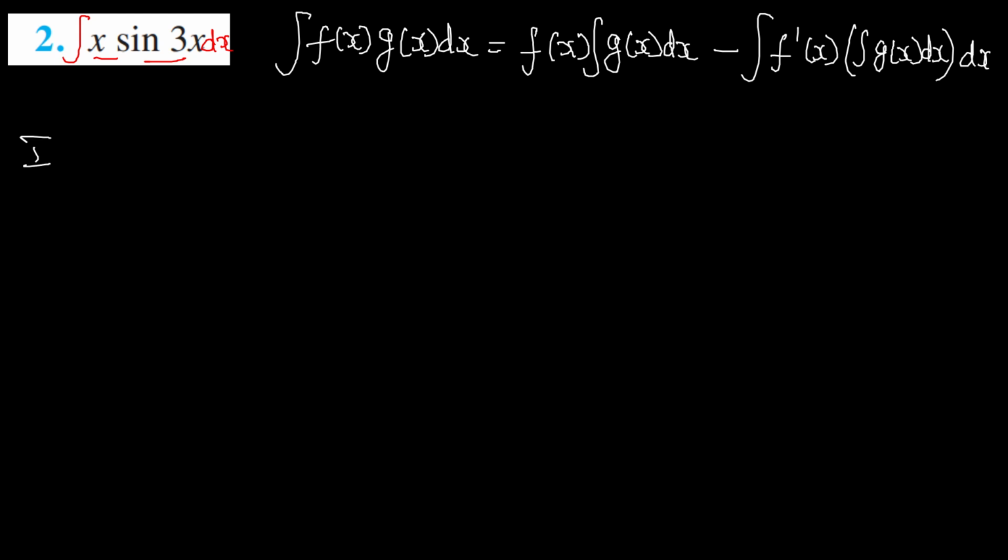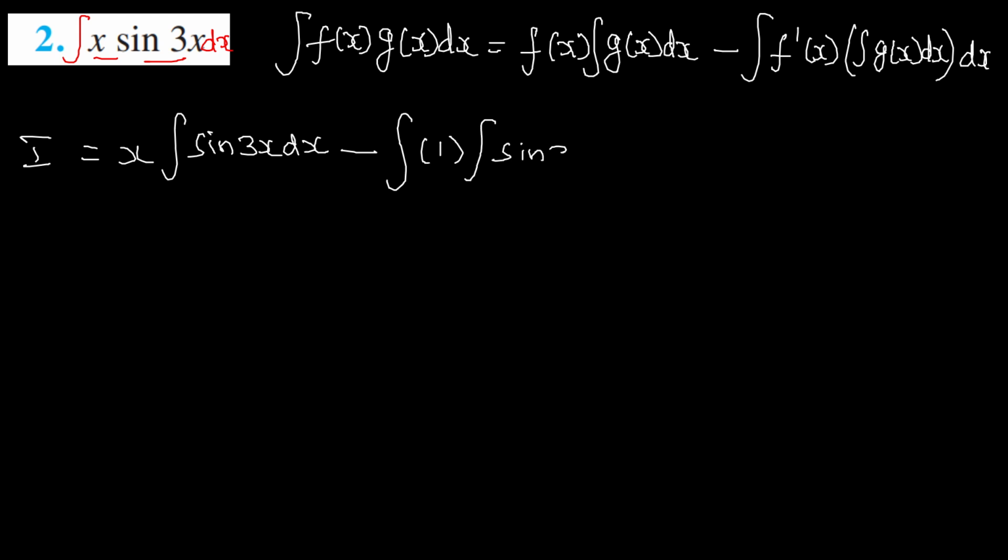So I is equal to x integration of sine 3x dx minus integration of derivative of x, which is 1, and integration of sine 3x dx, into dx.